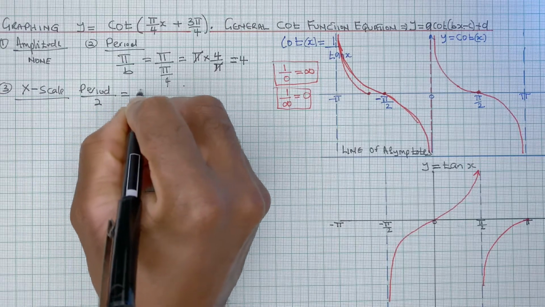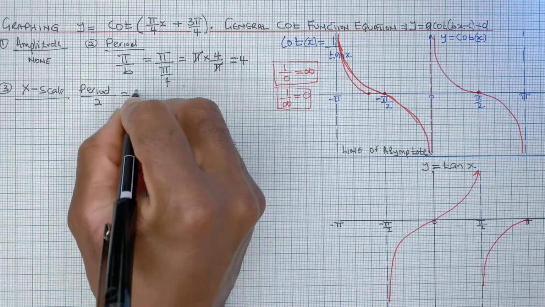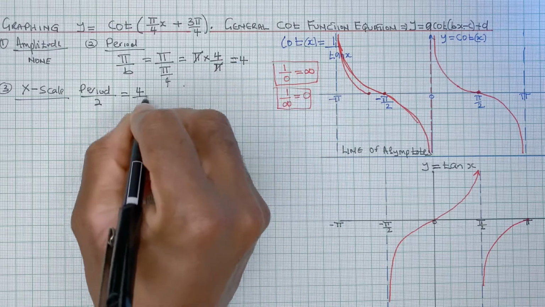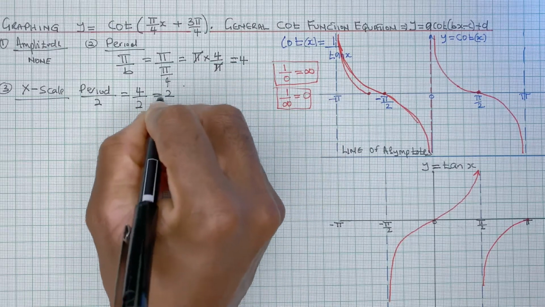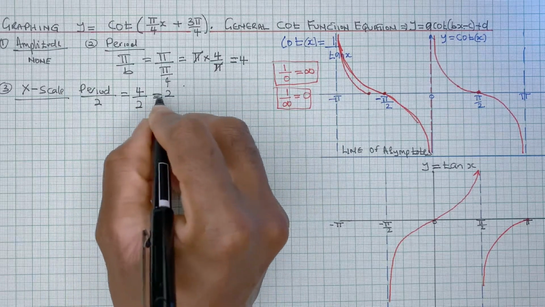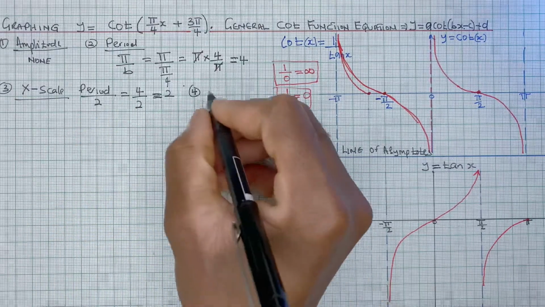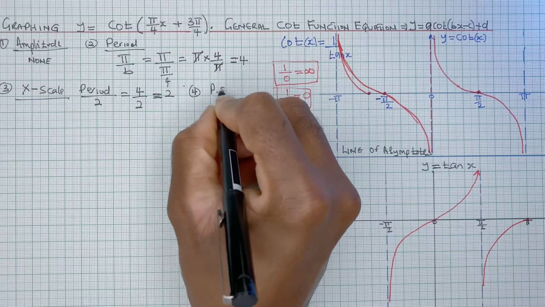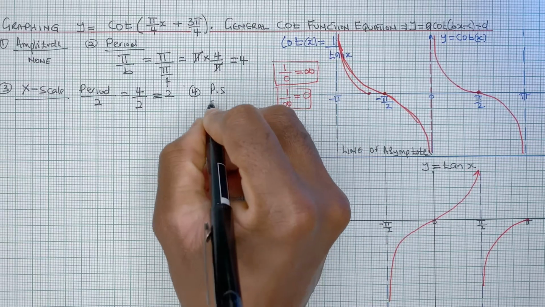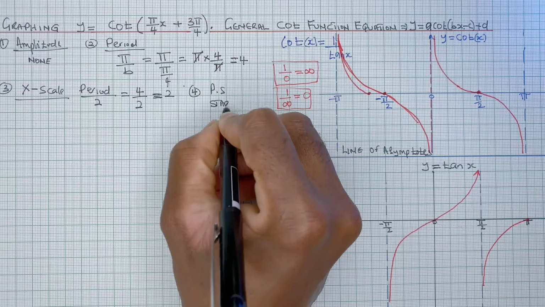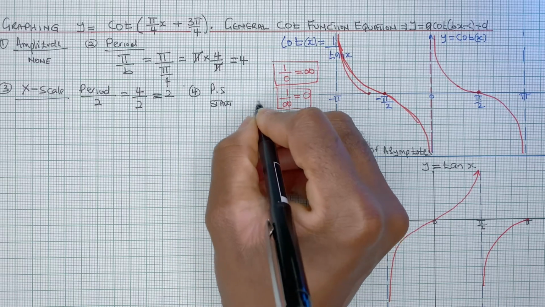The period is 4, and divided by 2 that will be 2. So that means we're going to be adding 2 every time. Number 4, we want to work out the phase shift. In the phase shift, we want to work out the start and the end.